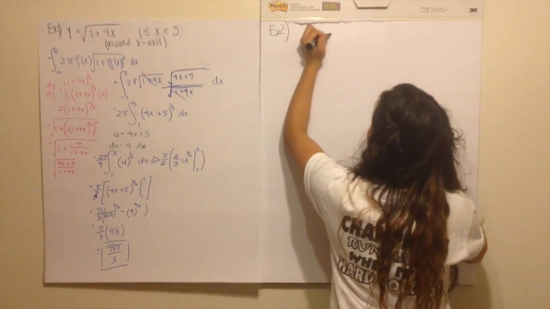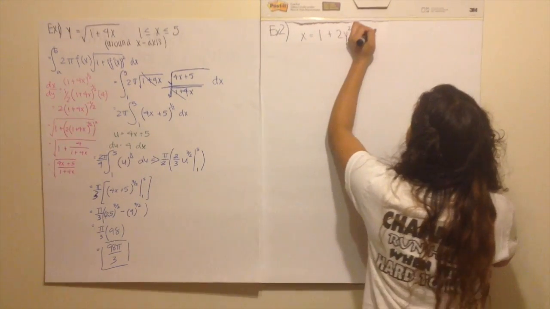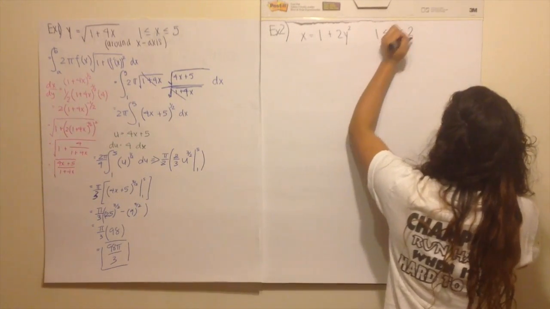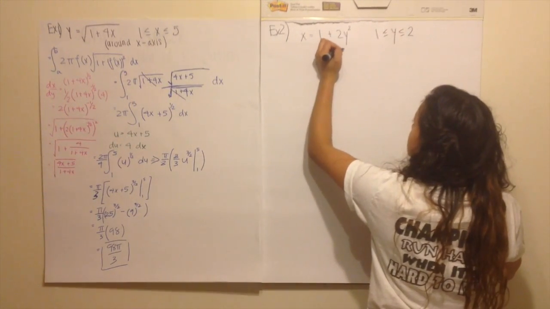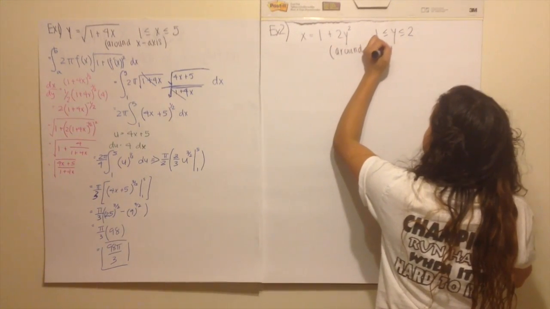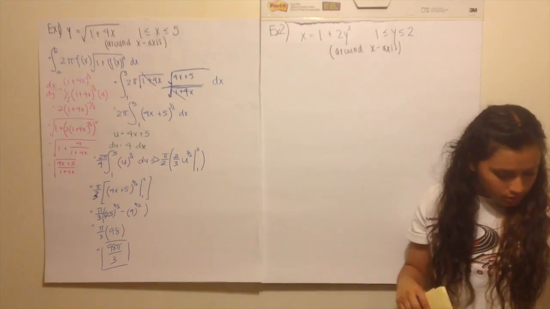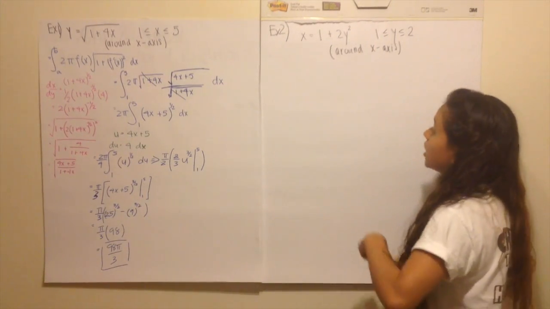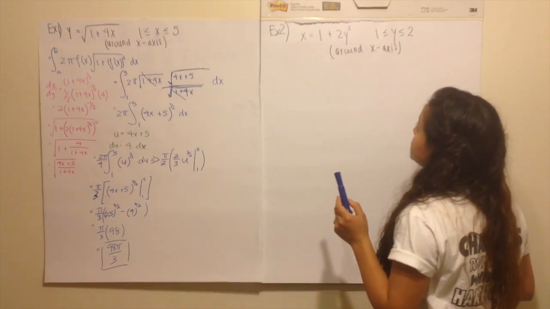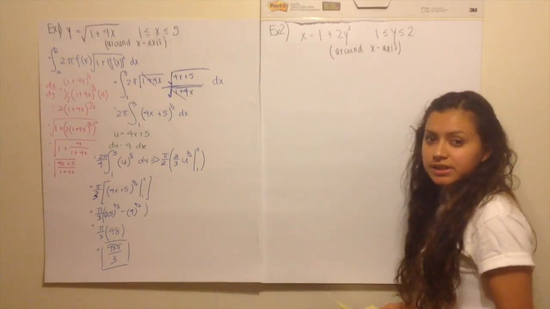X equals 1 plus 2y squared. Our interval is from 1 to 2, and it's going to be around the x-axis. Okay? For this, as you can see, our function and our intervals are in terms of y, but they want us to revolve it around the x-axis.